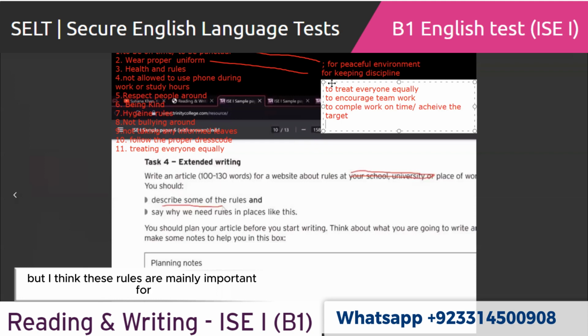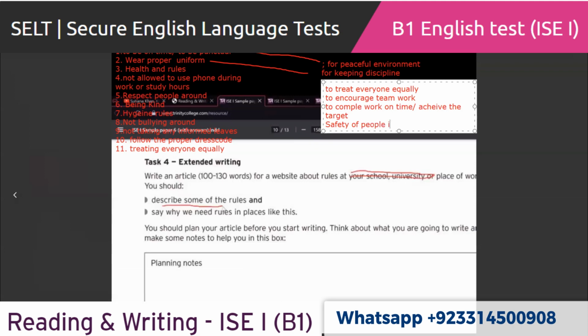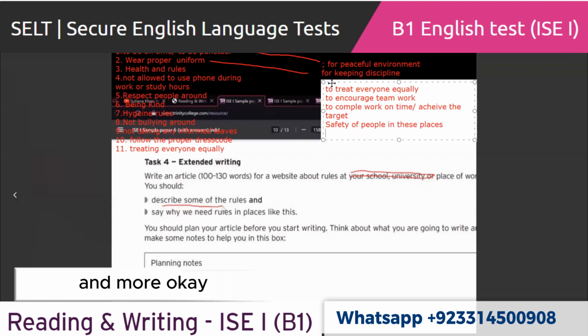But I think these rules are mainly important for the protection of people. Protection or safety. The easy word is safety of people in these places. And more.